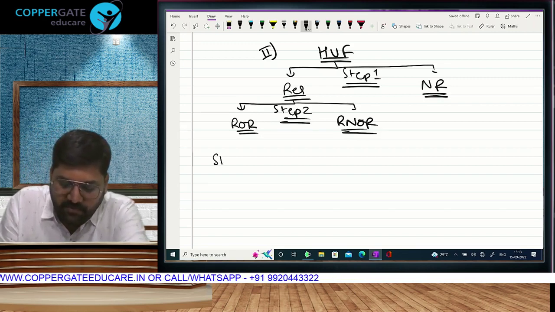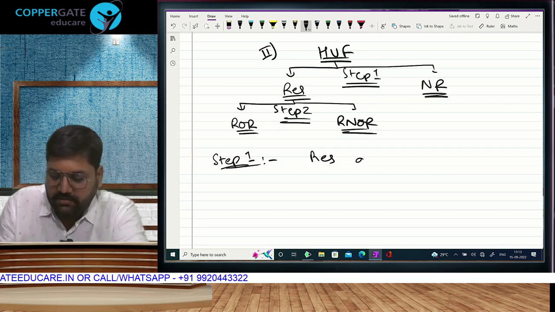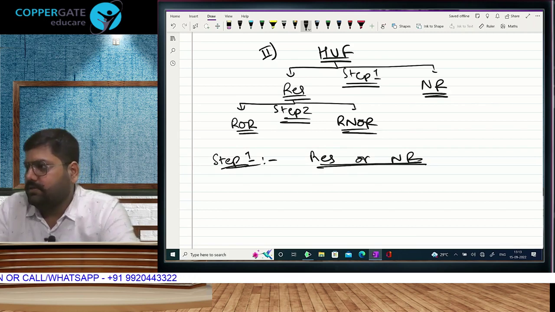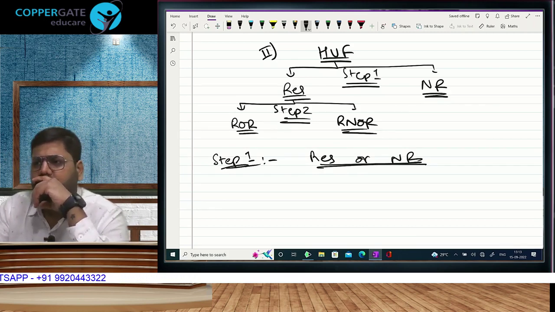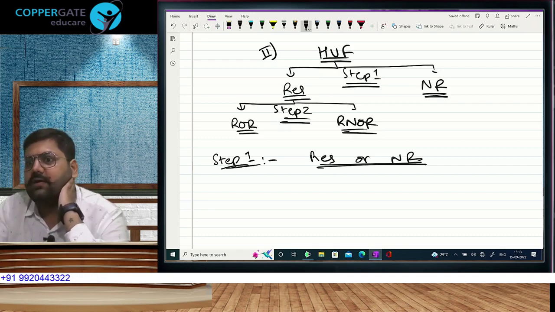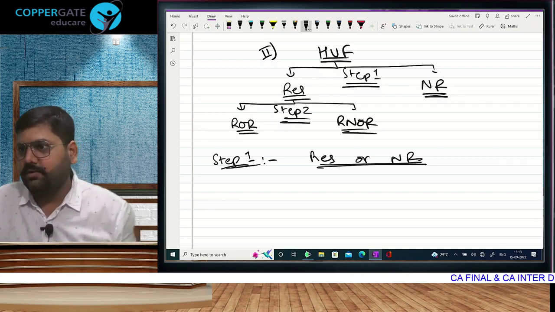Step number 1. What are we deciding? Whether the HUF is resident or non-resident. Just use your brains: HUF is an artificial person. It is not a natural person, a human being who can roam around here and there.